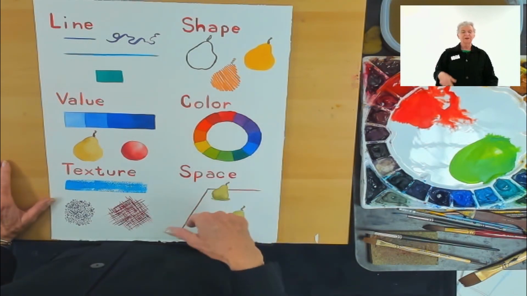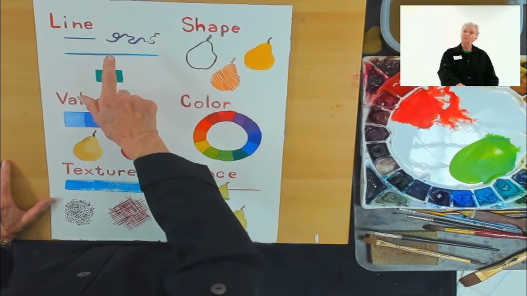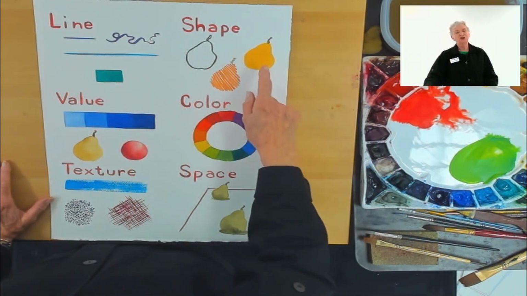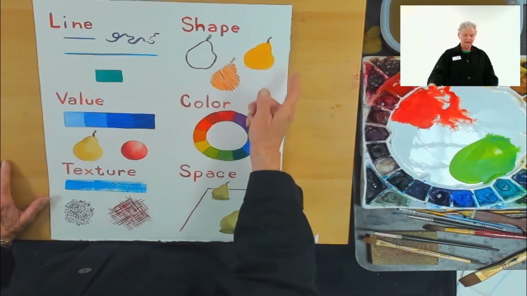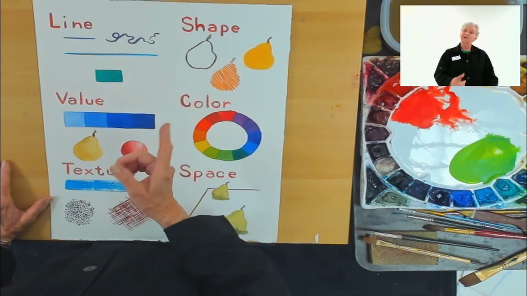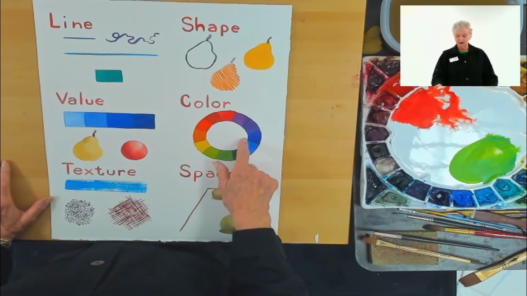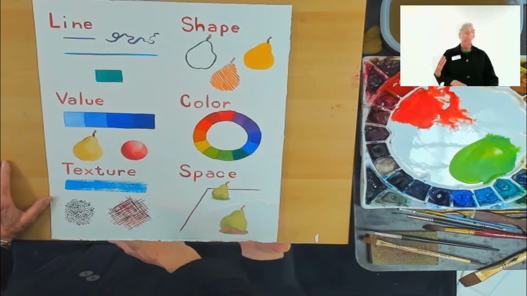Okay, to review, the elements of design are line, which has length and width, but no depth. Shape, which encloses an area in some way. Value, which is light to dark in any given color. Color, which is the name of the light rays that are reflected from the surface.